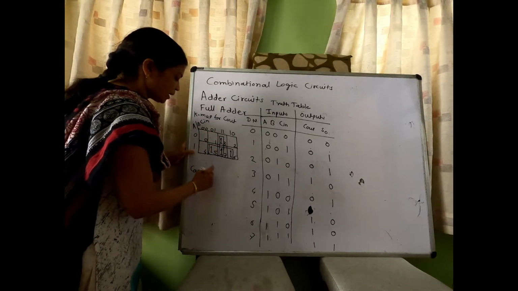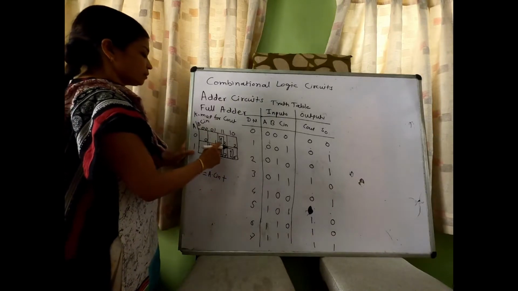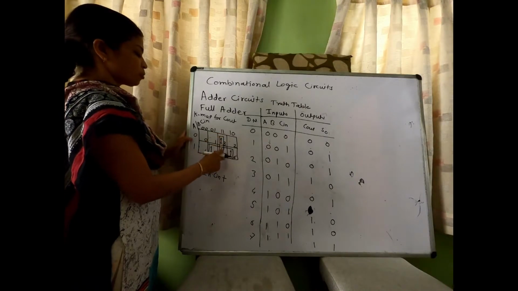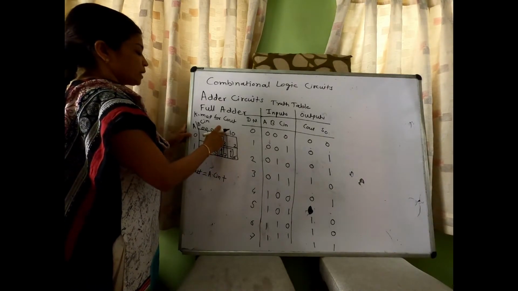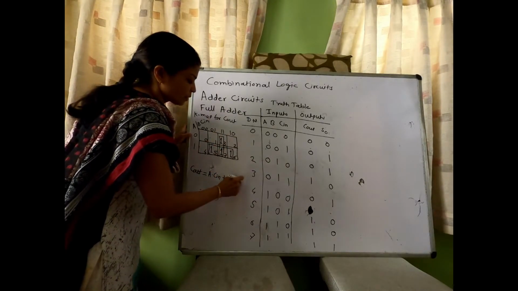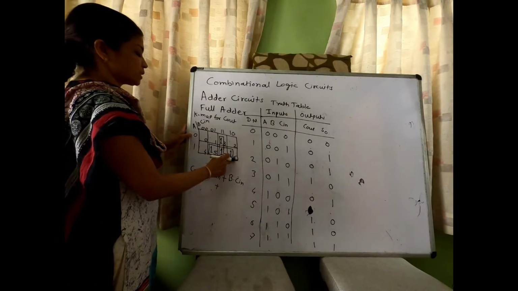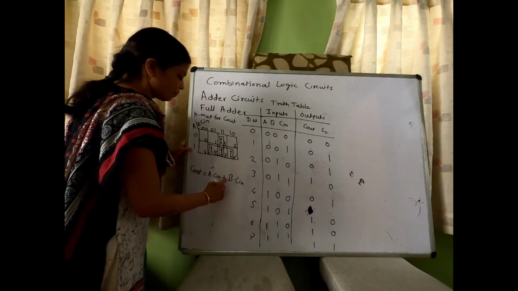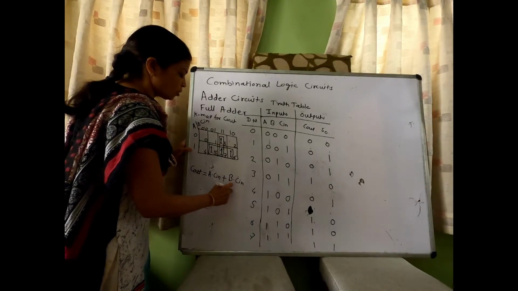So we have A dot C in. For the second pair, 3 and 7 cells, we have the term B dot C in. And again the third term for the 7 and 6 cell numbers: common A and common B. So A dot B.